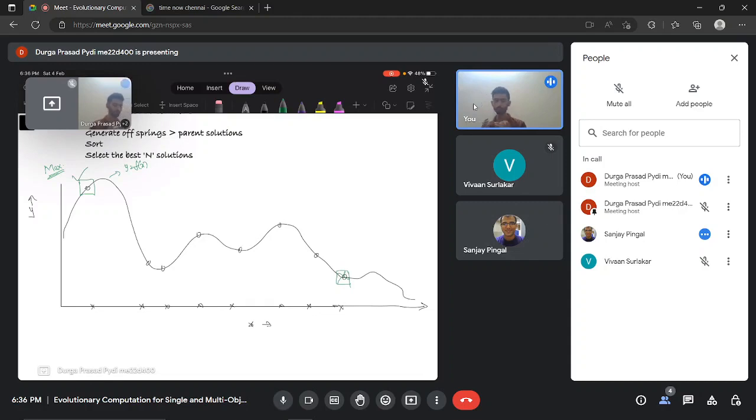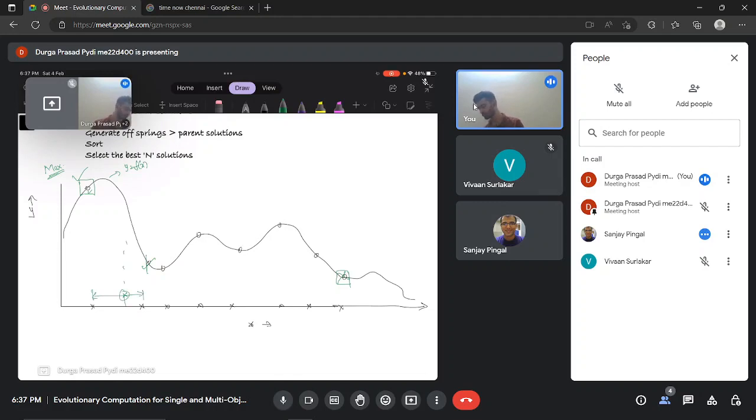When you go to the next generation of solutions, most of the solutions after applying the crossover, like if you take this and this in the mating pool, what happens during crossover is that between this and this, you get some value between both of them, say this particular value.